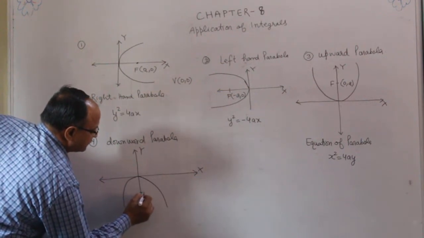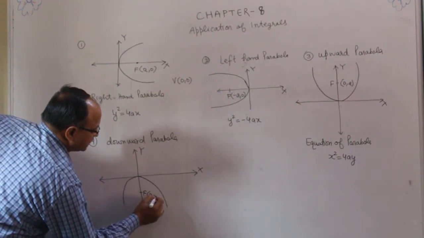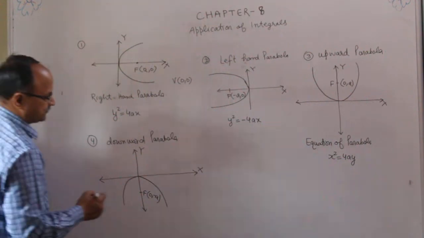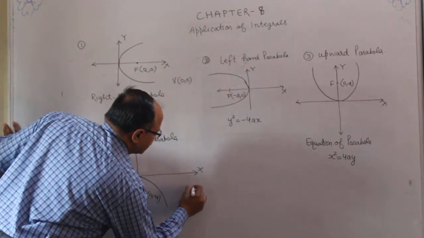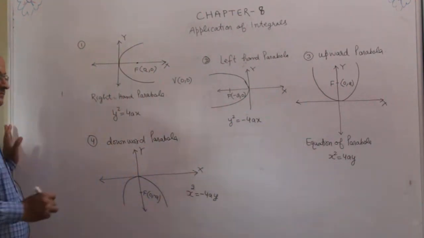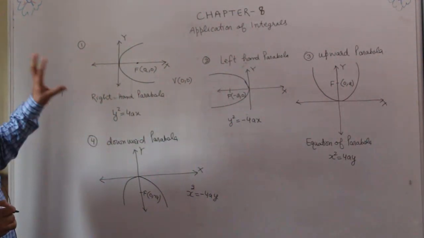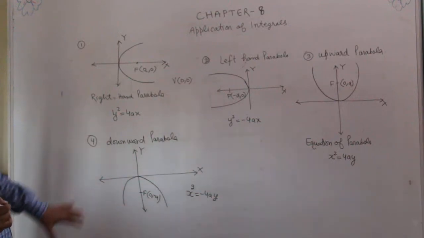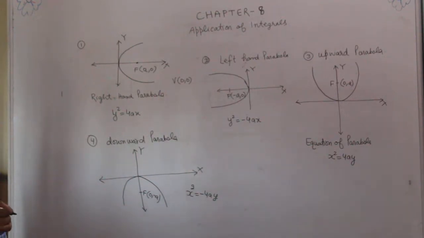Downward parabola, focus (0, minus a), and the equation of this parabola is x square is equal to minus 4ay. Clear? There are 4 parabolas. In all the parabolas, vertex is (0, 0). Clear? These are the main points in parabola.